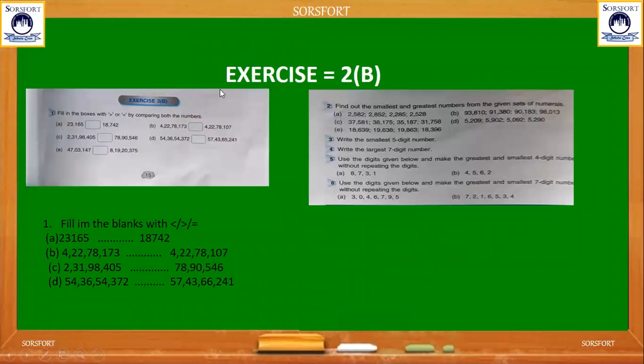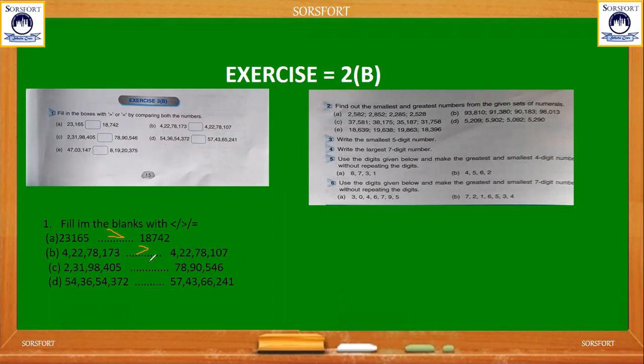Now come to exercise 2B. It has been given in the question, fill in the blanks with greater than or less than. Let's see. 23,165 and 18,742. So what will be the answer here? Now see, the digits are not the same in the first place.